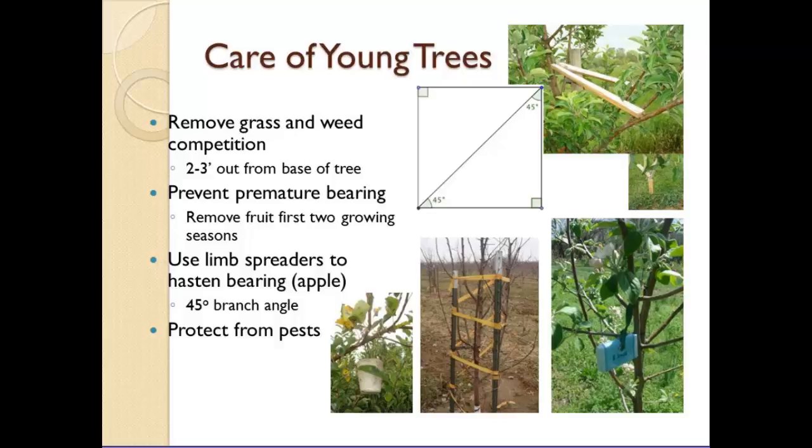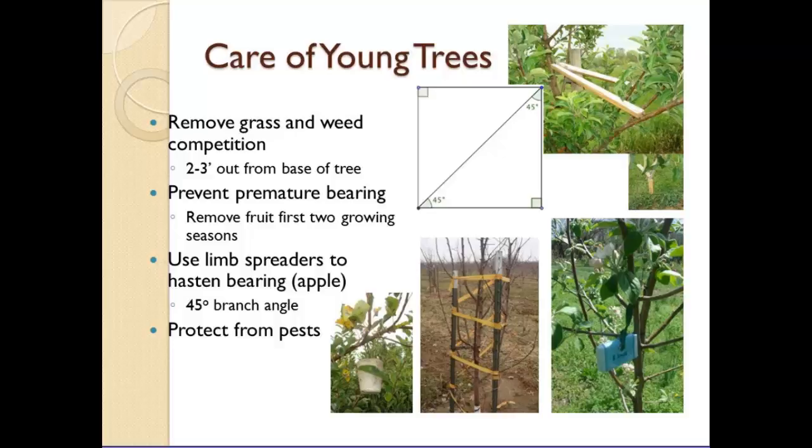And I've got some pictures on some different levels of limb spreader. You see in the lower left, there's a little weight that's hanging off a branch to pull it down more horizontally. In the upper right-hand corner, you can see some wood that is used. It has some cut-off nails on the end so that it pokes into the wood a little bit. And the tree can tolerate this.